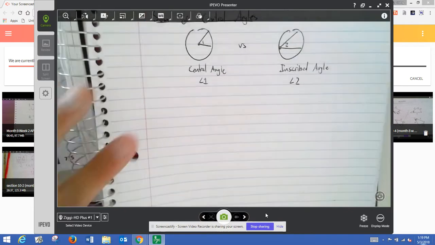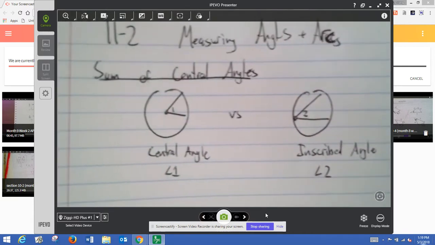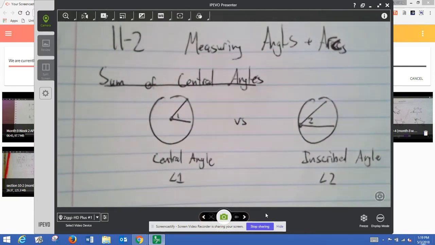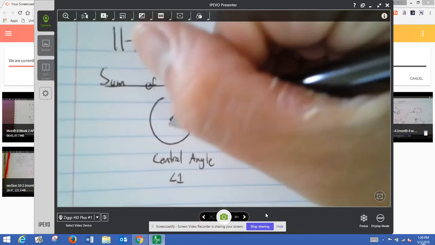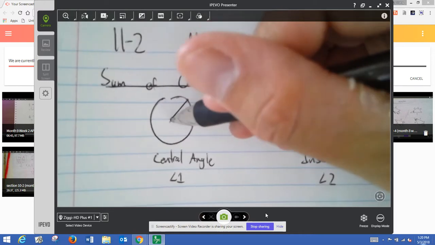What do you guys notice is the difference between a central angle and an inscribed angle? It goes to the midpoint, or the center. Yeah, it goes to the center. A central angle just starts from the center.